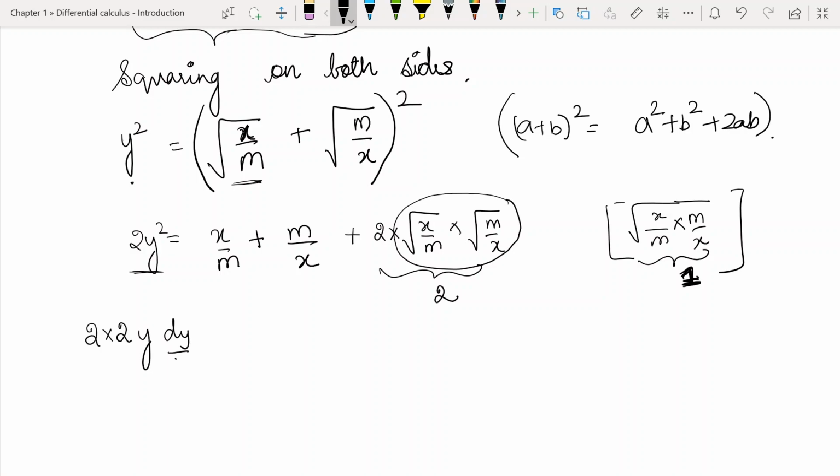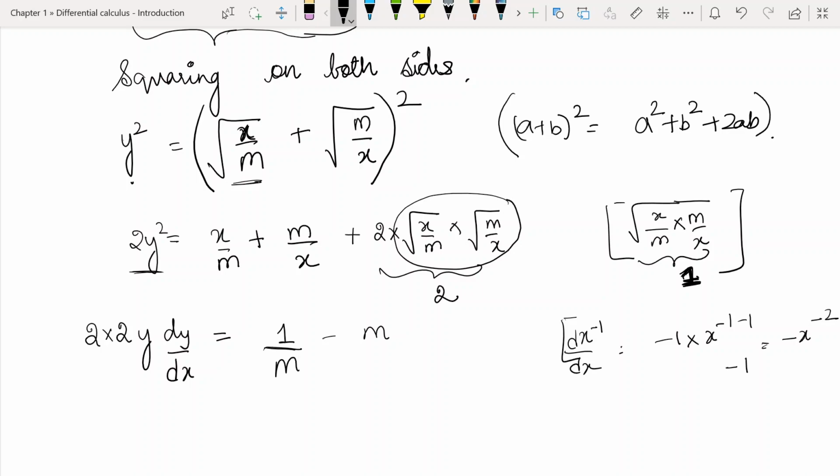dy by dx. Okay, this is equal to x by m. This m is a coefficient, so keep the m as it is. Differentiation of x is 1. Differentiation of m is going to be just the coefficient m. Differentiation of 1 upon x is nothing but x power minus 1. When we differentiate x power minus 1, what we get is minus 1 into x power minus 1 minus 1, which is minus x power minus 2.